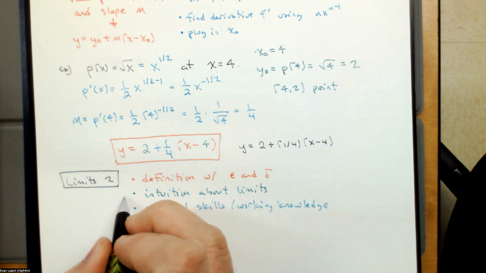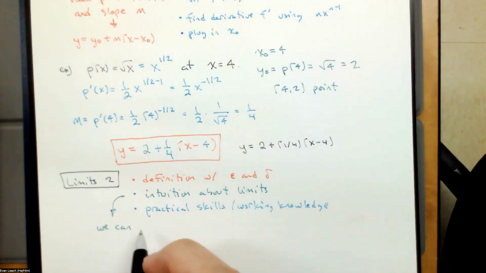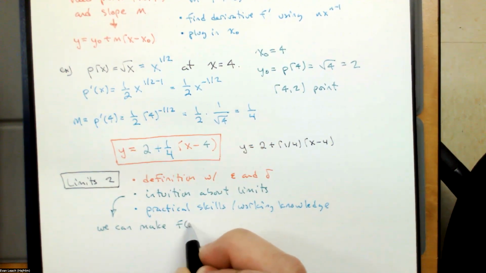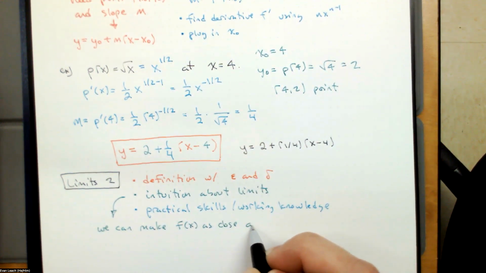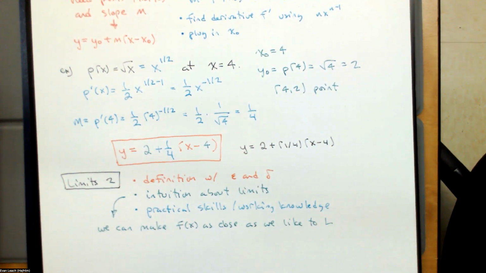That's where we say we can make f of x as close as we like to L. We can get f of x within epsilon of L for any epsilon, so long as x is sufficiently close to c.